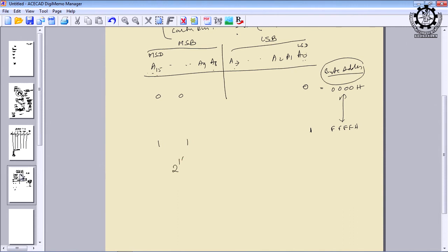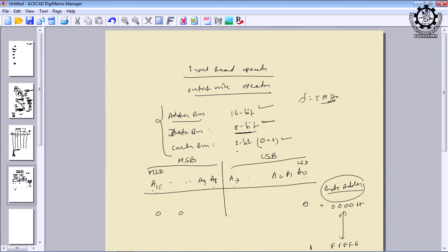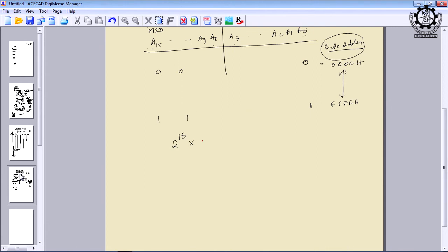Since a 16-bit address bus is there, I can have 2 to the power 16 locations, and every location is 8 bits, because the data bus is 8 bit. At a time only 8 bits can be transferred. So the total capacity is 2 to the power 16 bytes, and 2 to the power 16 I can write as 2 to the power 6 times 2 to the power 10. 2 to the power 6 means 64, and 2 to the power 10 means 1 kilobyte, 1024 bytes.